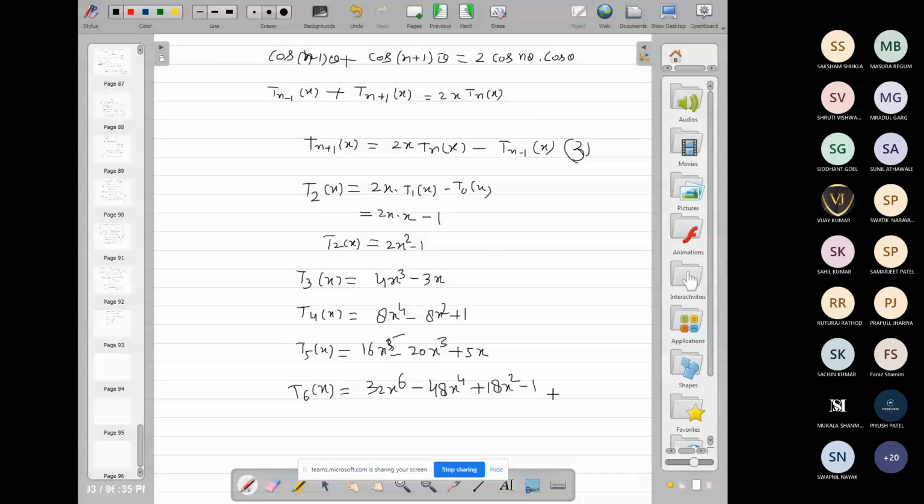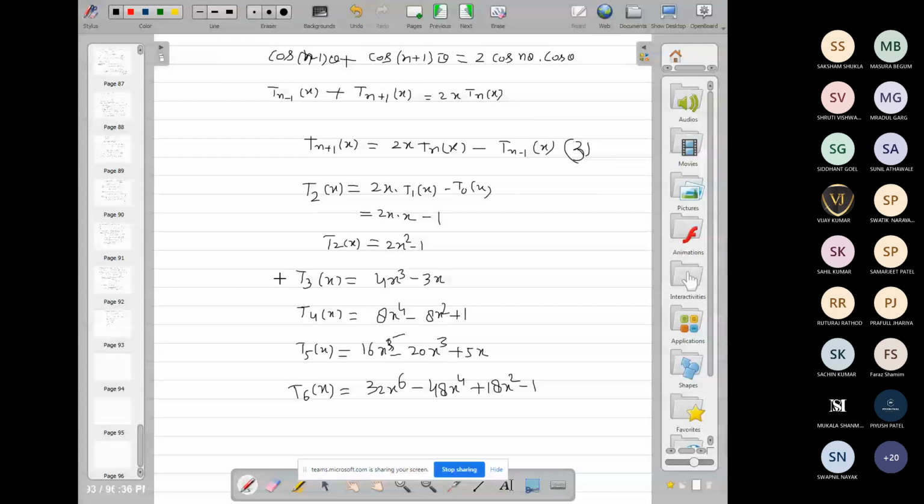Actually these values we require, so I have written here. And now with the help of these expressions we can express x, x square, x cube, x^4 in terms of Chebyshev polynomials of various degree.